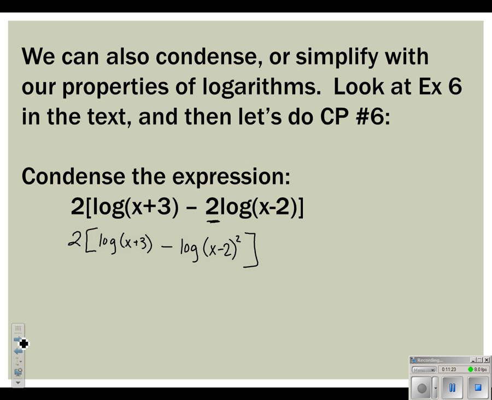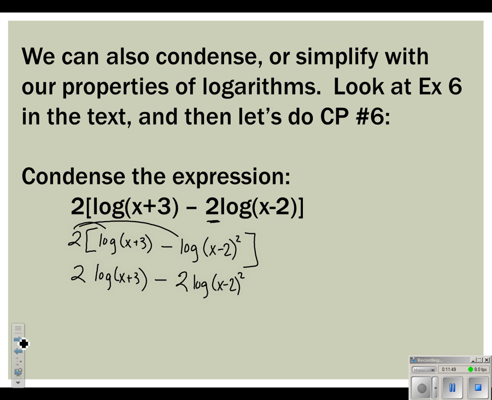Okay, now the 2 out front goes to each of the things that are in that bracket, correct? So the next thing I did was I distributed. So now I have 2 log of x plus 3 minus 2 log of x minus 2 squared. Okay, so I distributed my 2 to both of those pieces inside my bracket.